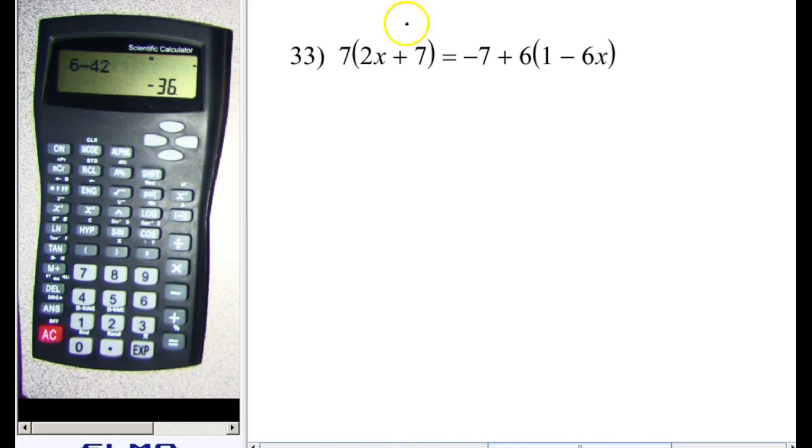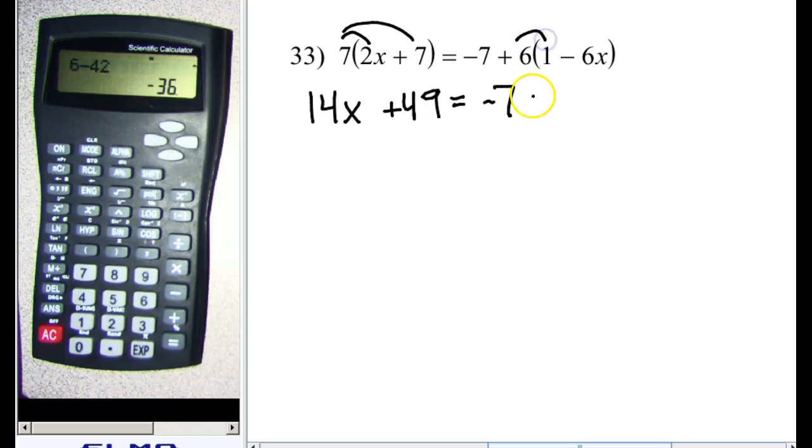And lastly, variables, parentheses on both sides, which is very similar. 14x plus 49. Getting down to minus 7, we're doing only parentheses this step. So we got 6 again and negative 36. So simplify everything on the same side. On the left, we have one variable, one number.